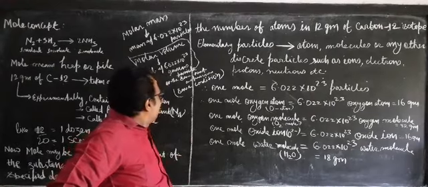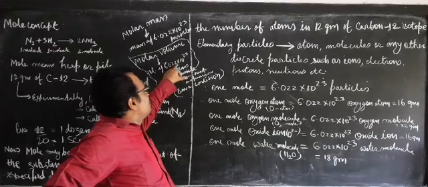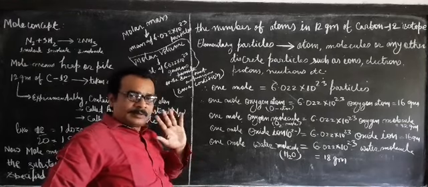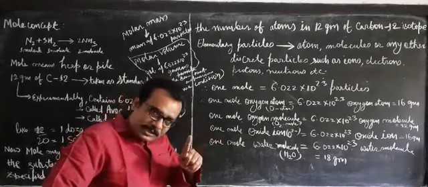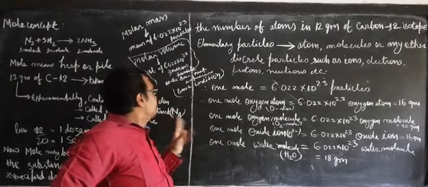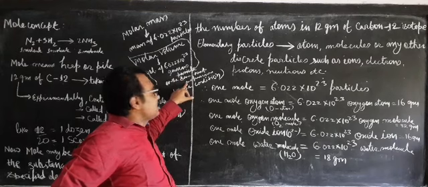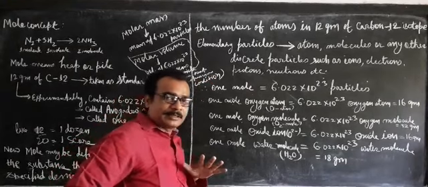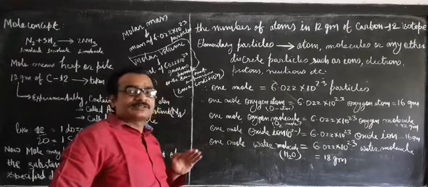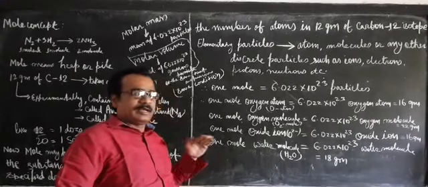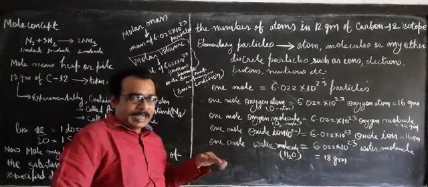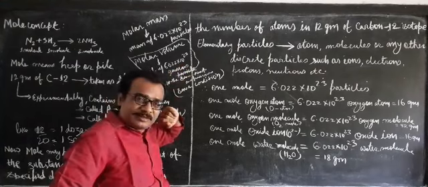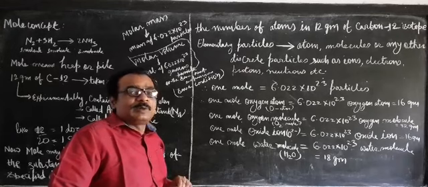If all these gases are taken at the same temperature and the same pressure, and the number of gaseous molecules is the same, 6.022 into 10 to the power 23, you will find the volume would be the same.